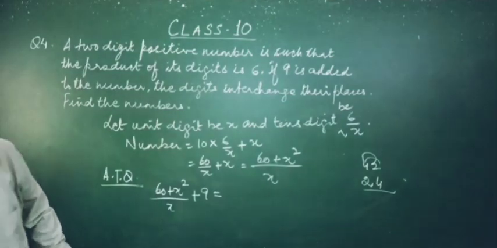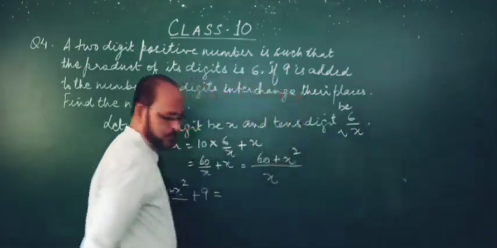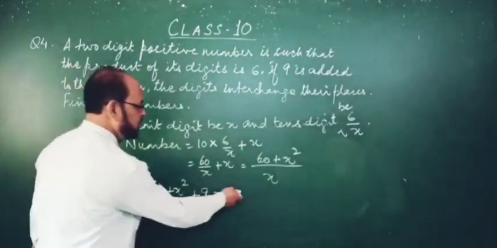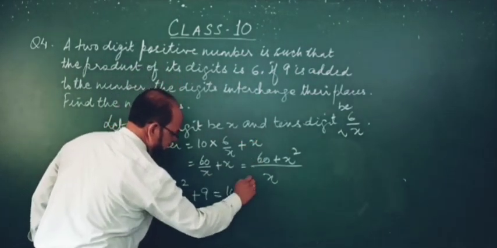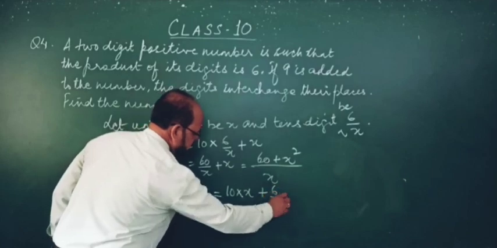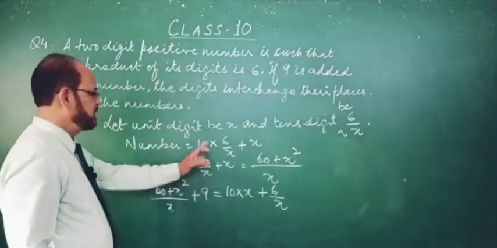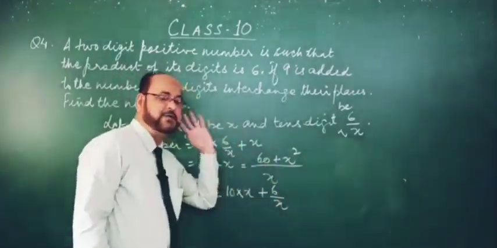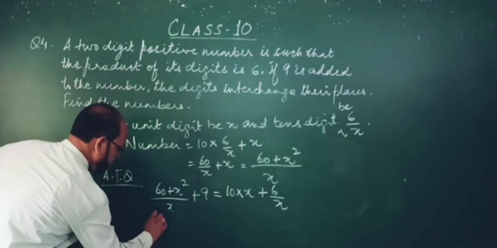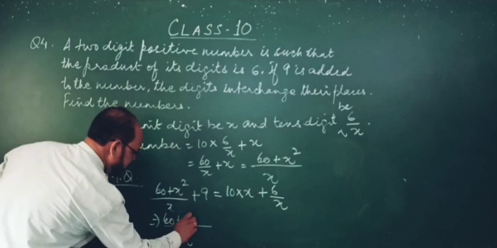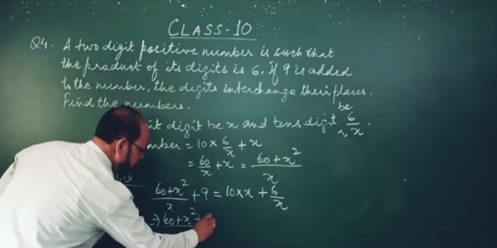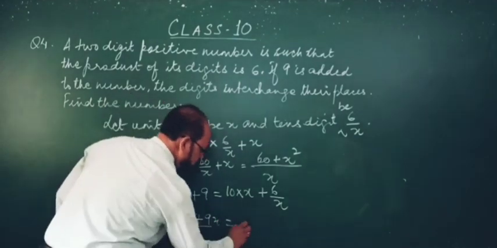So here the number will become 10 times the digit which was at units place, plus the digit at tens place will go at the units place. So it will be, we'll take LCM x here, 60 plus x square upon x plus 9 equals to, what will be the situation here?